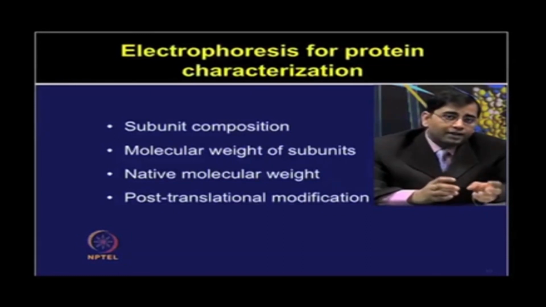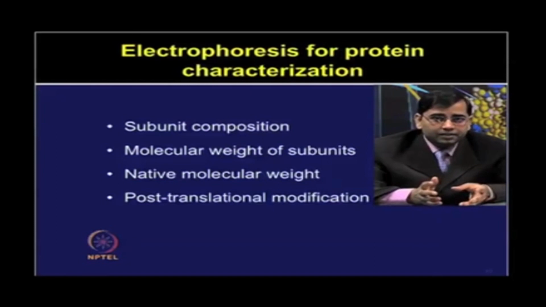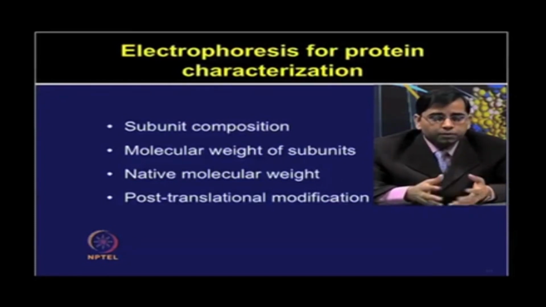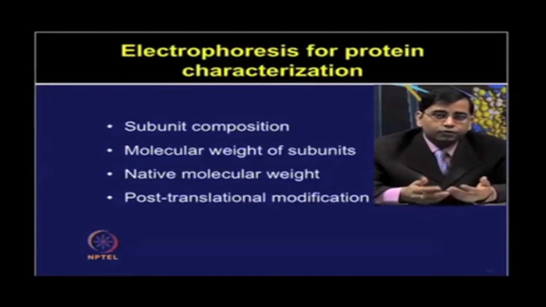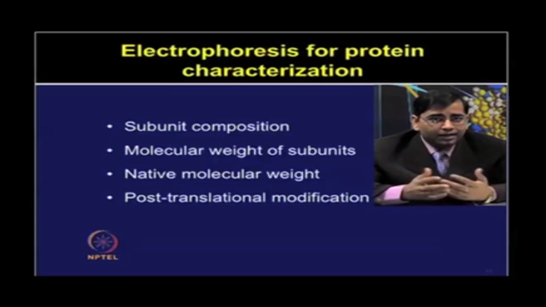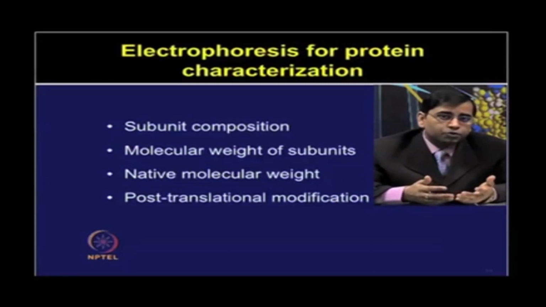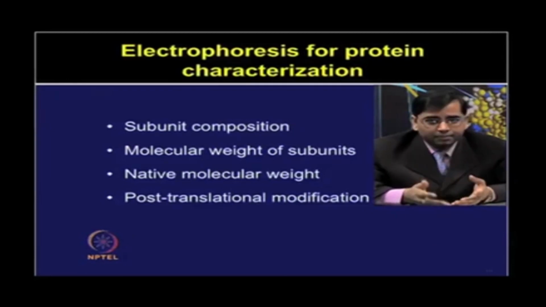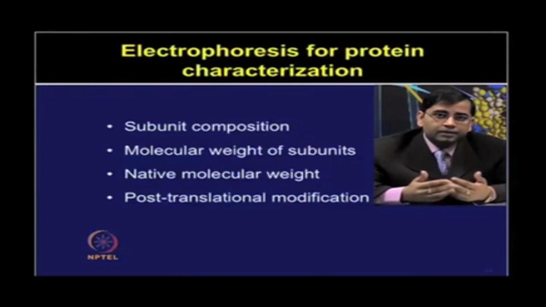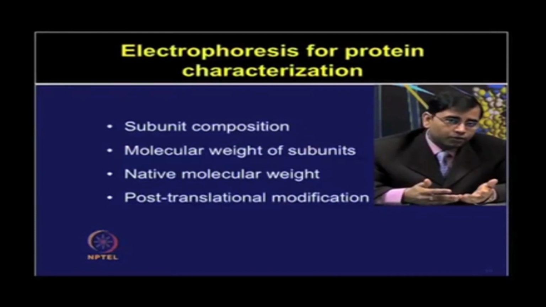Again, only one technique may not be able to answer all of these questions, so often you have to involve more than one type of electrophoretic method. For example, while comparing native and subunit composition forms, you need both native electrophoresis and SDS-PAGE. If you want to look for post-translational modification, then SDS-PAGE will be useful.